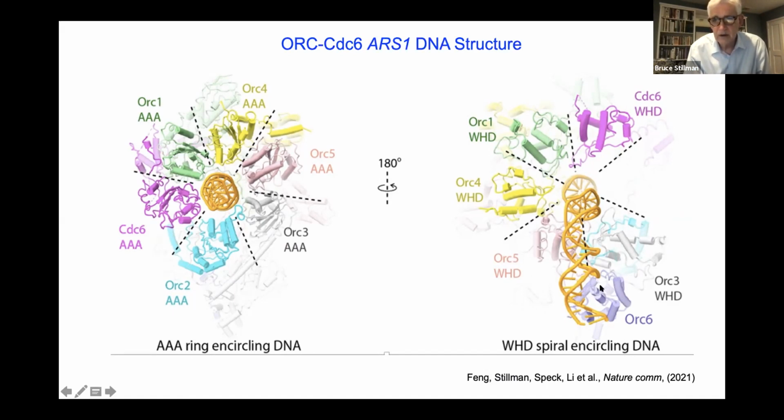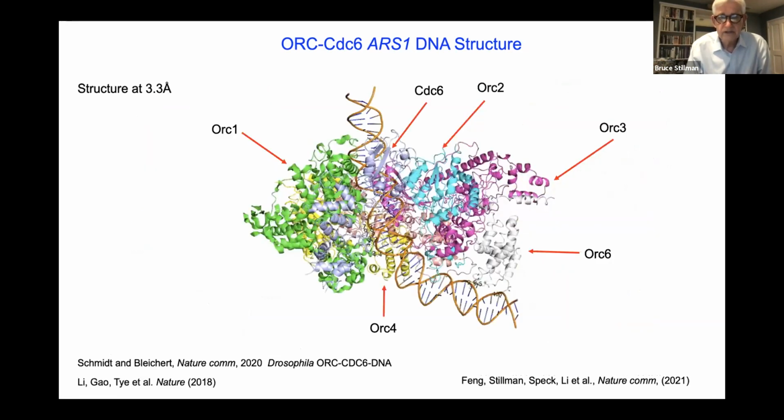They reach out away from the A element of the origin into the B elements where the MCMs are going to be loaded. The purpose of these winged helices reaching out along the DNA is to provide a platform for loading the MCM proteins.